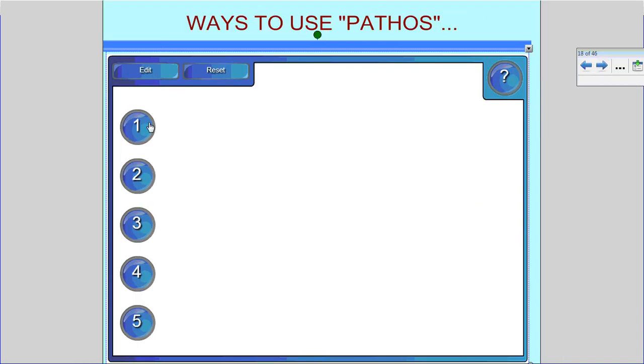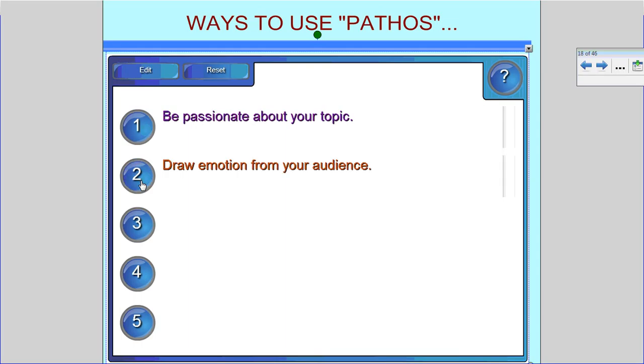So how do we use this in our writing? Well, first you need to be passionate about the topic. Also, you need to draw the emotion from your audience. Set the stage, tell a story, ask them, what if, or what would you do? Make them think about the situation. Also, appeal to the audience's needs.